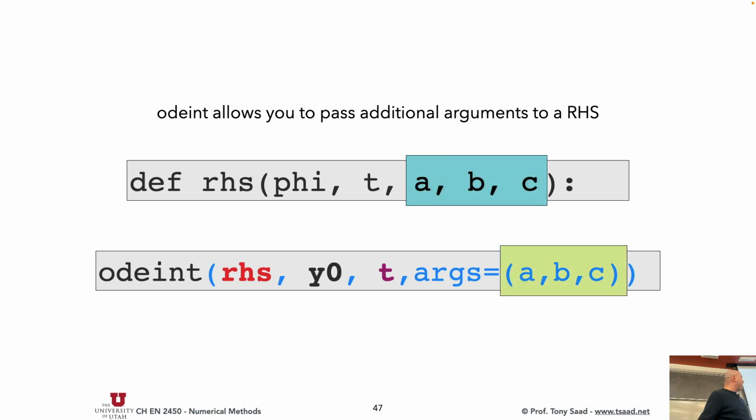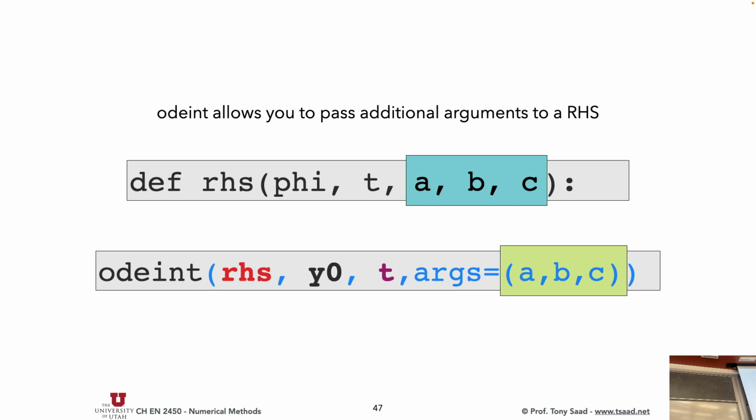Similarly with Fsolve. With ODEint, you put the standard right-hand side, the name of the right-hand side routine, your initial condition, your sequence of time points, but then you can add an argument called args, and you list the arguments here the same way they are listed in your right-hand side function.